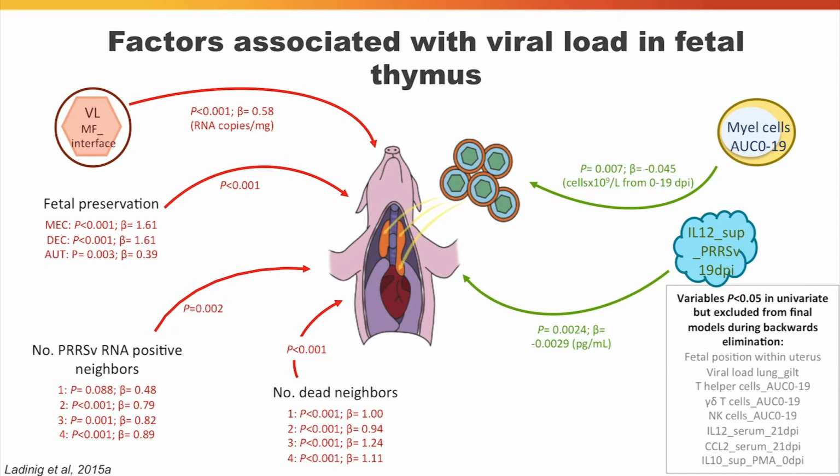Fetal preservation status is very important. Meconium-stained fetuses have, in fact, the highest levels of virus, which are then followed by decomposed and autolyzed fetuses. And then there are a couple of factors that have beneficial effect on fetal viral load, one being myeloid cells and the second being a cytokine, IL-12, which is circulating in the blood of the dam.